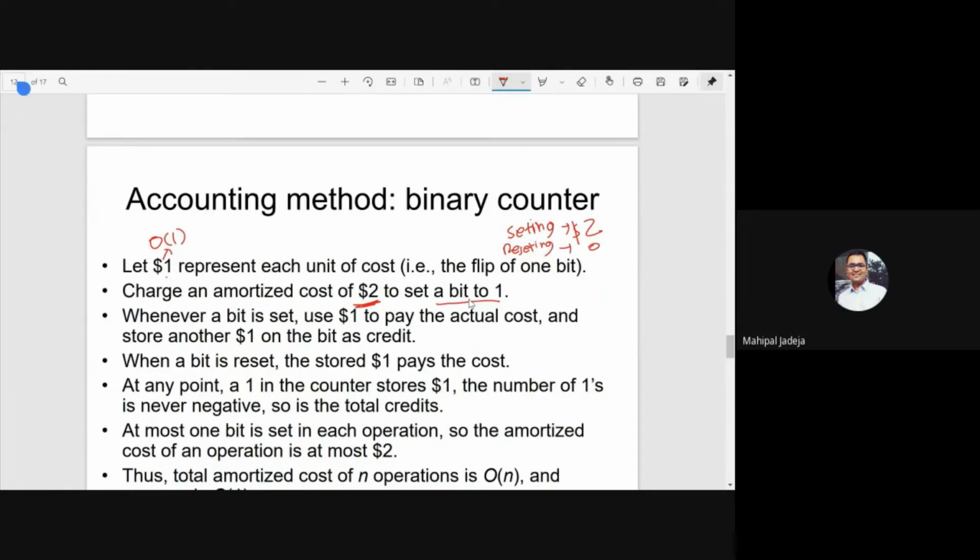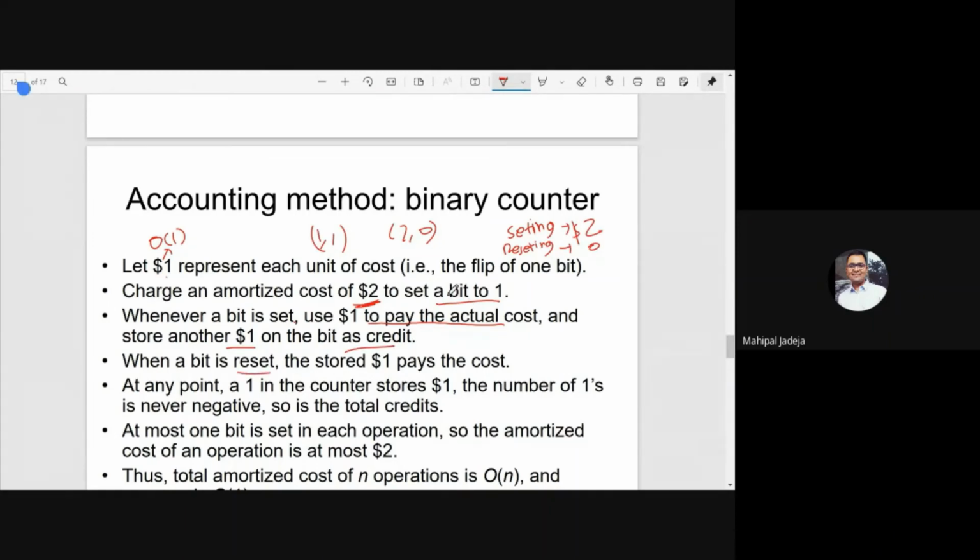So these are my amortized costs now. Instead of 1, I am using 2 and 0. That is the idea of this accounting method. Whenever a bit is set, use $1 to pay the actual cost and store another $1 as a credit, and this credit will be used whenever the bit is reset.